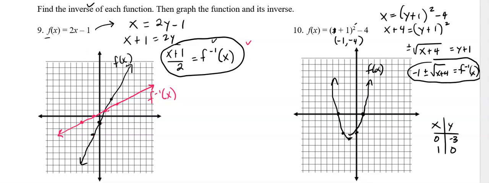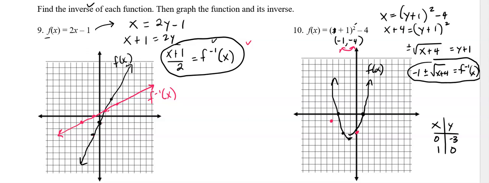And so now we'll come up with the graph of the inverse just like we did over here. Just take ordered pairs from the black, like the vertex we said is -1, -4. So the inverse will contain -4, -1. You just switch places with those. This black point right here is -3, 0. So that means I'm going to plot 0, -3.